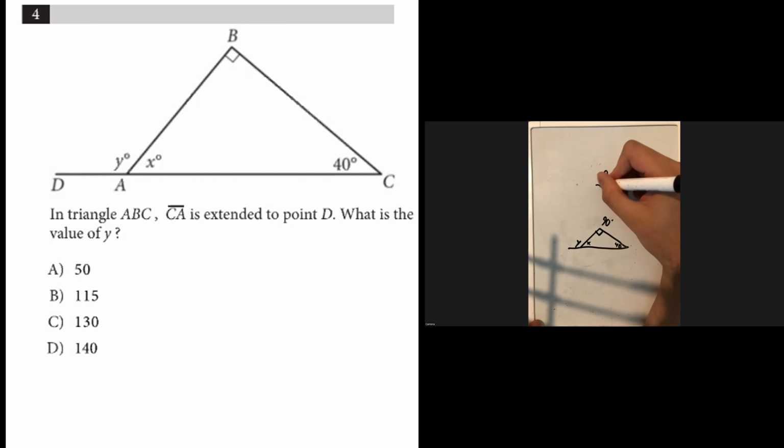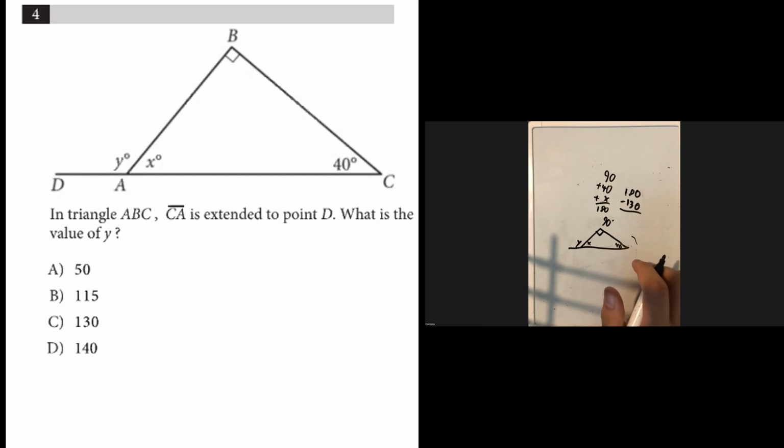So 90 plus 40 plus x has to add up to 180, which would just be 180 minus (90 plus 40), which would just be 180 minus 130, which is just 50.